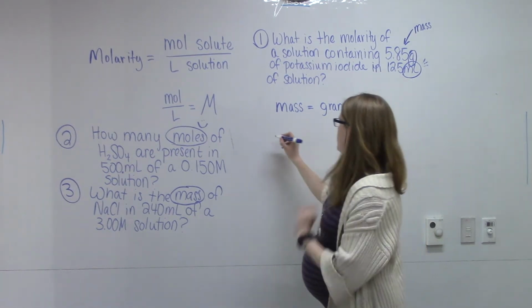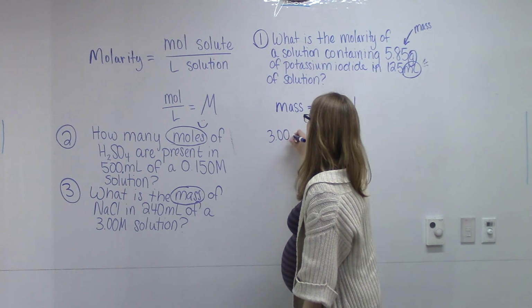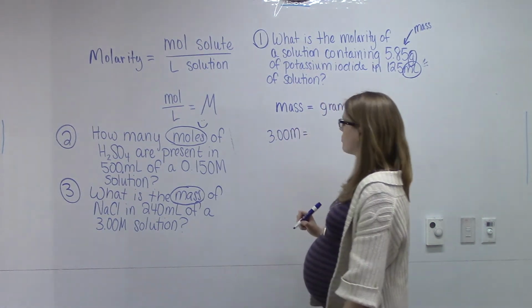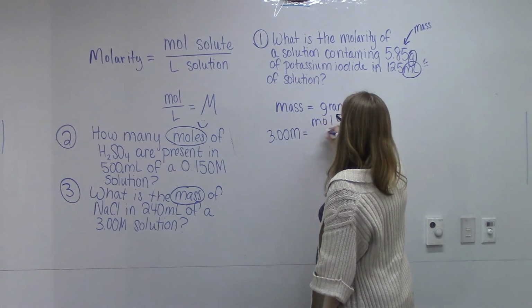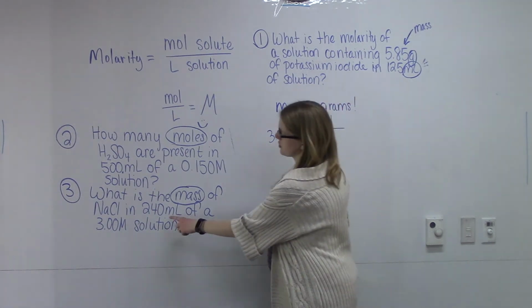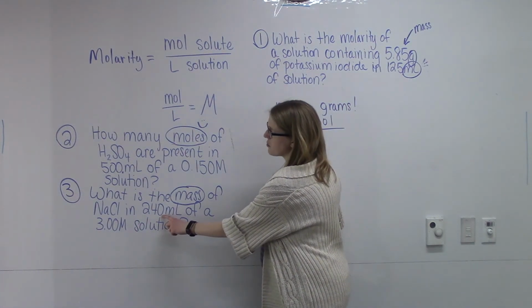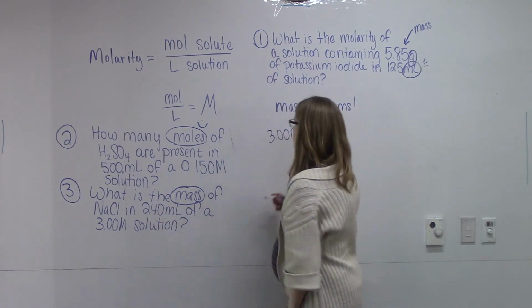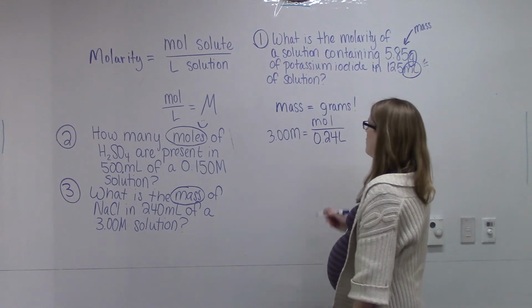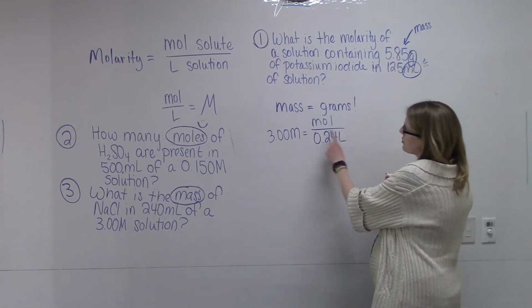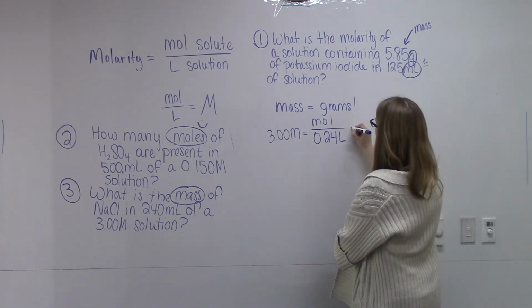Okay, so we have 3.00 molar equals, molar solution equals the moles per liter. And oh look, we're given milliliters yet again. We got to move that decimal place over 3 times. And we're going to get 0.24. Okay. Multiply both sides by that 0.24.